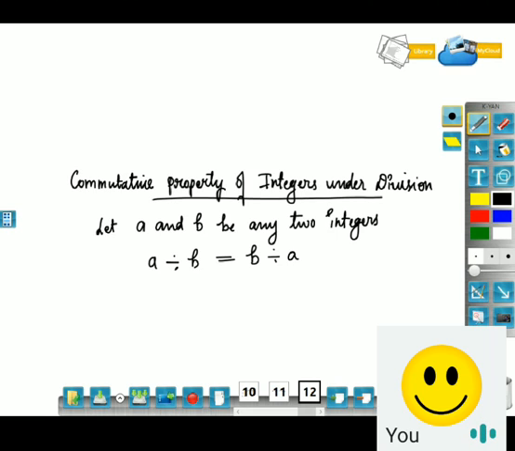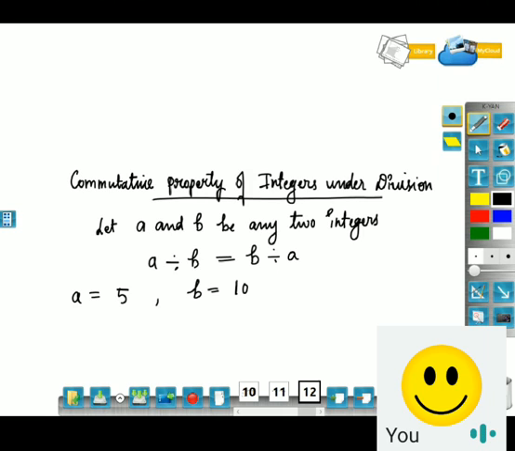We are checking for division, so here you have to take the division sign. So now let's check whether the left hand side and right hand side of the equation are equal or not. We'll take some values: put a equal to 5 and b equal to 10.